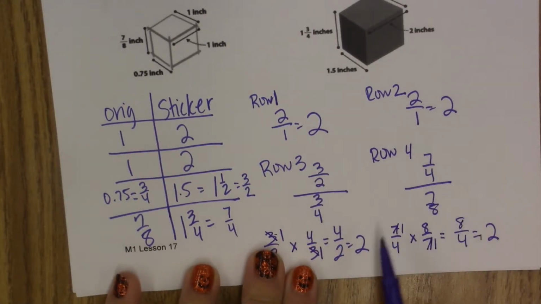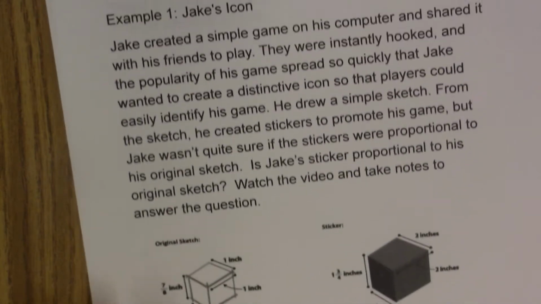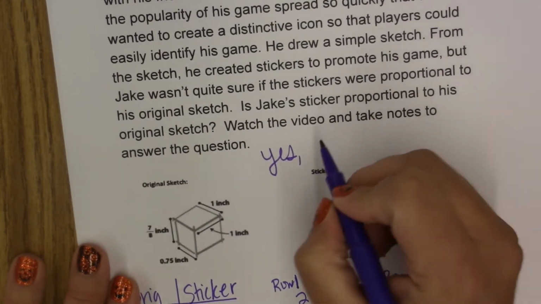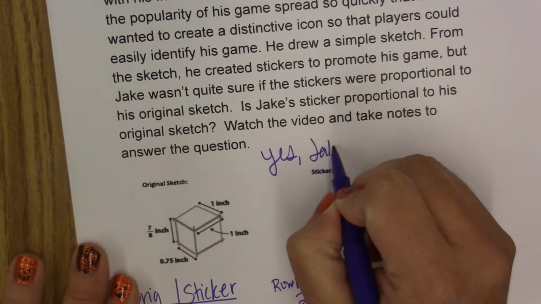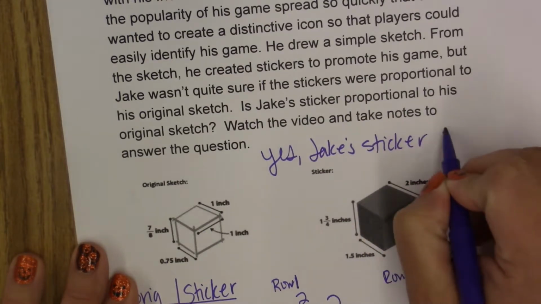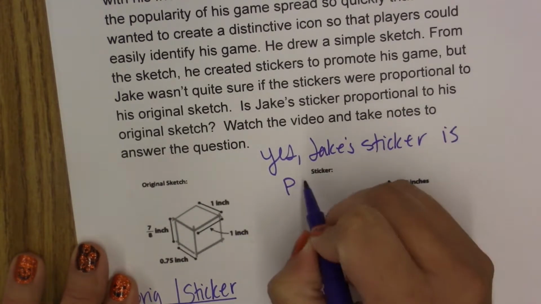Because each of these rows came out to the same k value, we would say that yes, Jake's sticker is proportional. So I'm going to go up here and write my answer because I'm out of room. Yes, Jake's sticker is proportional.